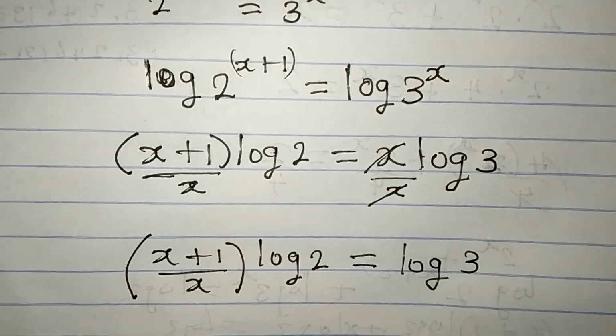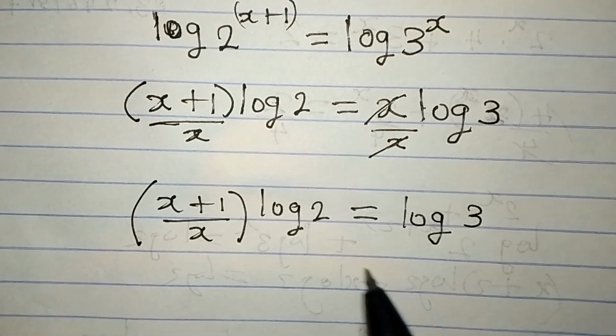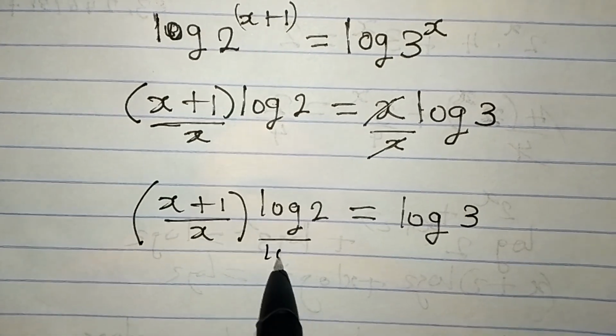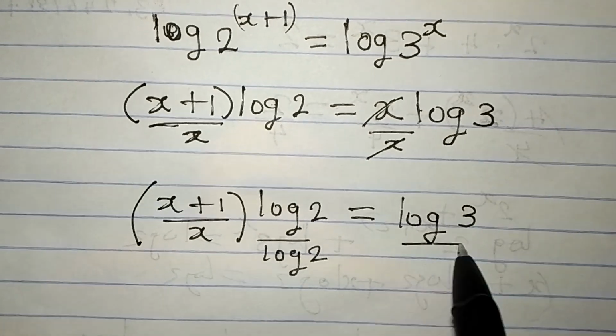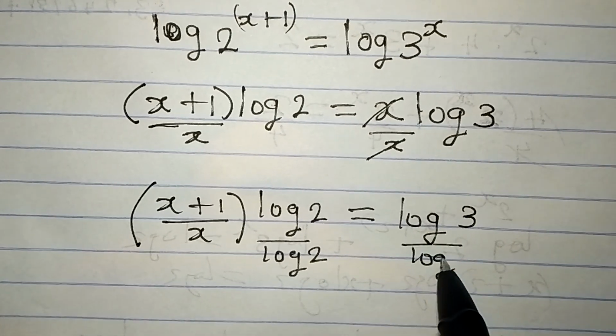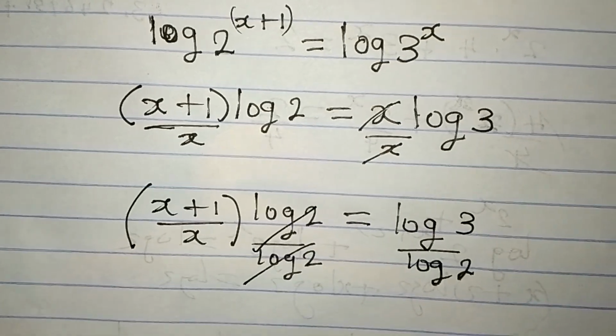Now, what again will I do? At this point, I would have to divide everything by log 2. So divide this by log 2. This is going to go with this.